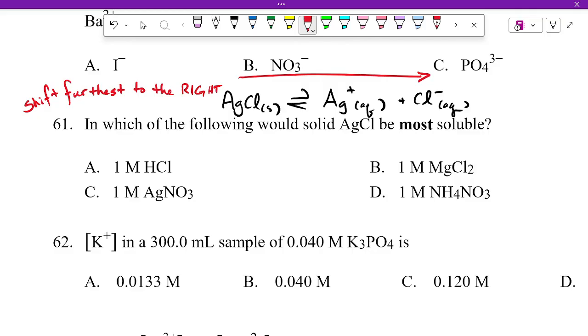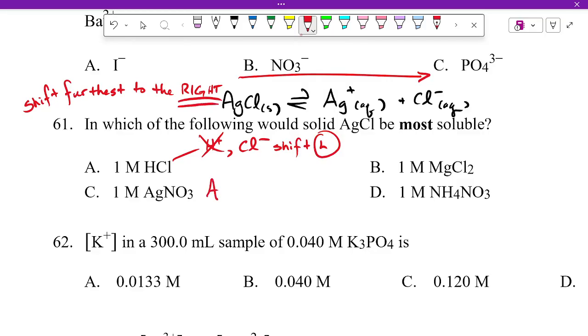Will adding HCl shift it to the right? If we're adding HCl, we're adding H plus and we're adding Cl minus. Will adding H plus do anything? No. Will adding Cl minus do anything? Yes. Which way will it shift it? It'll shift it to the left. Is that any good? No, because we want it to shift to the right.